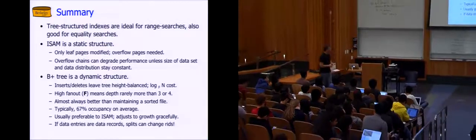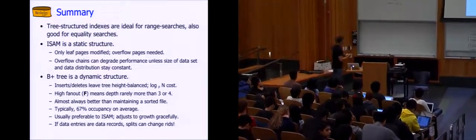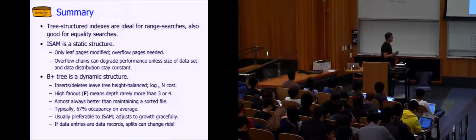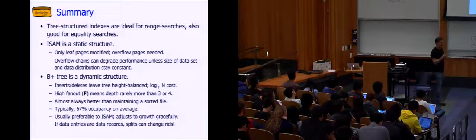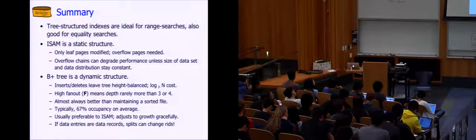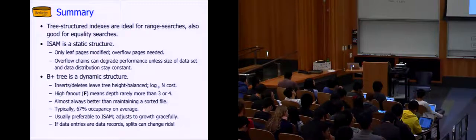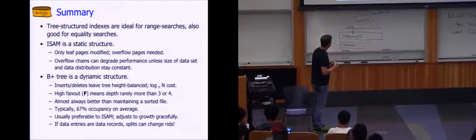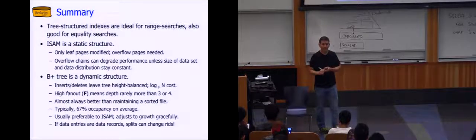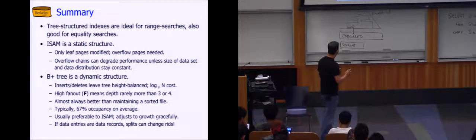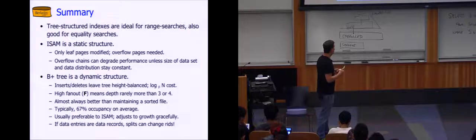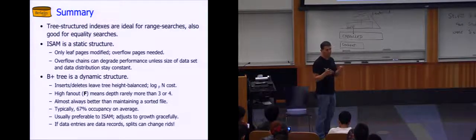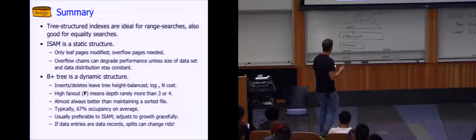The B+ tree is a dynamic adaptation where inserts and deletes leave the tree height balanced, with n items, log base f of n cost, where f is the fan out of a node of the tree. A high fan out means the depth is rarely more than 3 or 4 in practice, which is great. This is almost always better than maintaining a sorted file for any number of reasons, including that binary search is expensive, and that maintaining the sorted file is more expensive than maintaining a B+ tree.